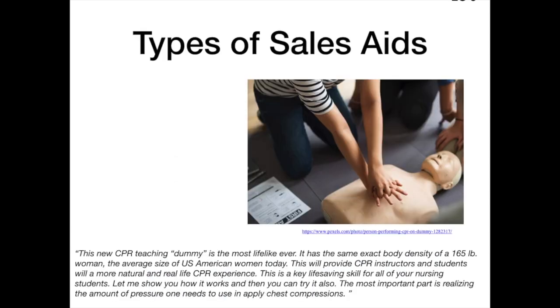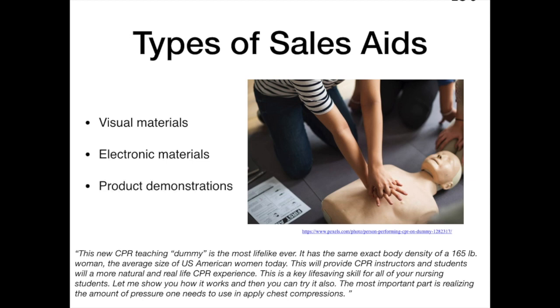Here's an example of a sales aid. Sometimes they're visual materials, which could be anything from a pamphlet to a brochure to actual physical demonstration. It could be an electronic material, so perhaps a web page. And another very useful type of sales aid is when the salesperson performs a product demonstration on behalf of the buyer.